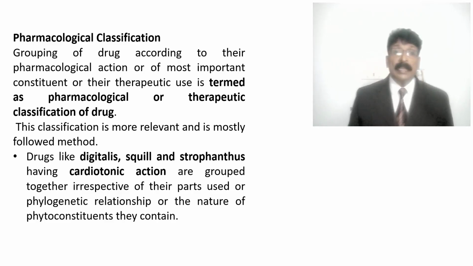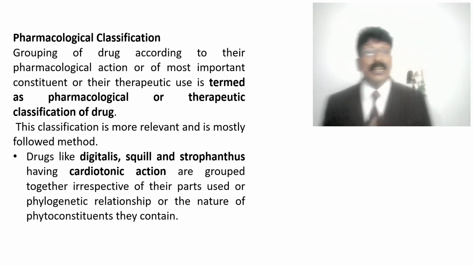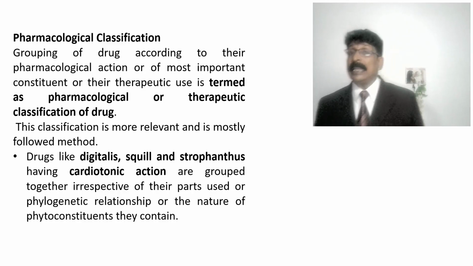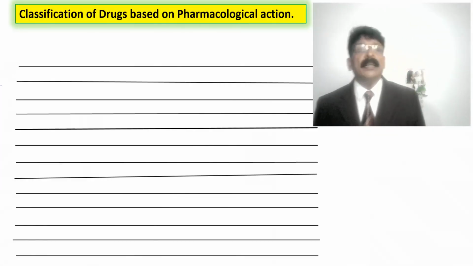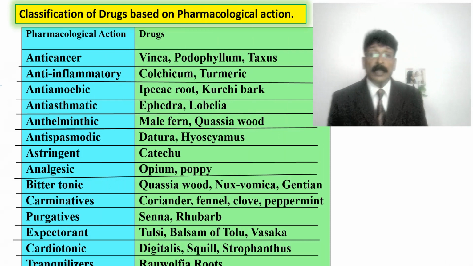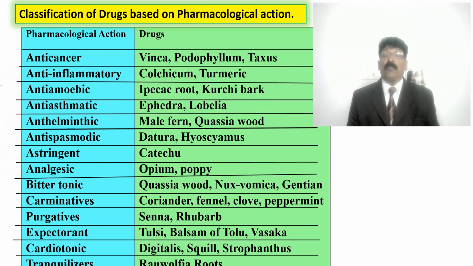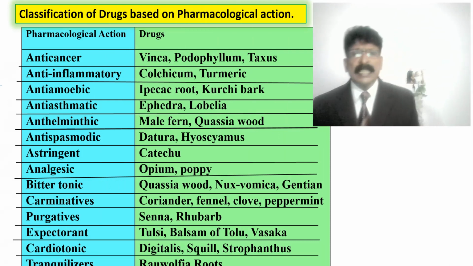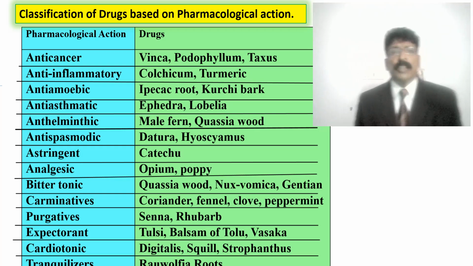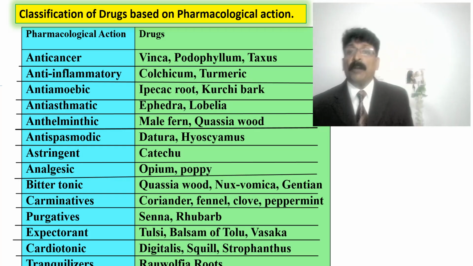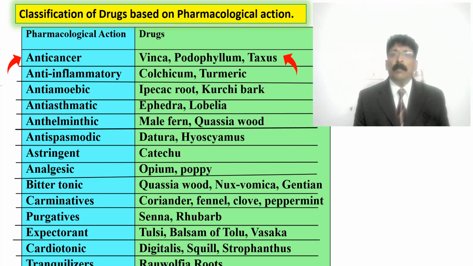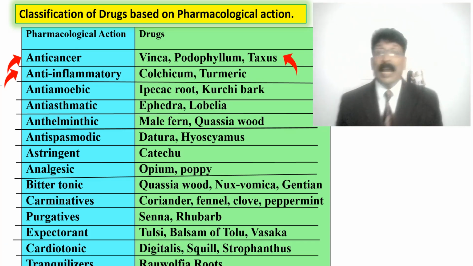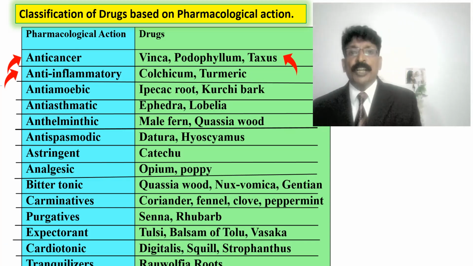Phylogenetic relationship of the nature of the phytoconstituents and their containing. This helps us to have a classification of the drug based on pharmacological action. As we discussed in the class, it is necessary for the students to know all the definitions of pharmacological action with example. Anti-cancer: vinca, podophyllum, taxus. Anti-inflammatory: colchicum, turmeric.